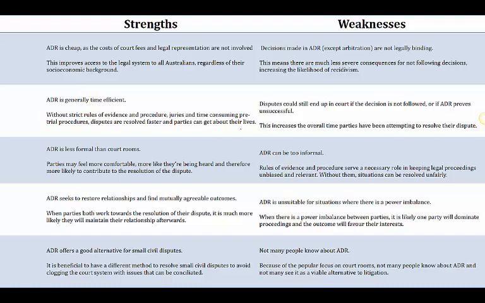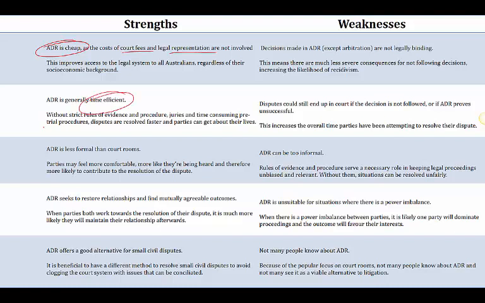Generally we can use the same strengths and weaknesses for all of them. And I'm not going to go through these in great detail. I'll allow you to pause and look at them more. But effectively, we talk about mediation, conciliation, and arbitration being effective because generally they're cheaper. So you don't have court fees and legal representation isn't always needed.